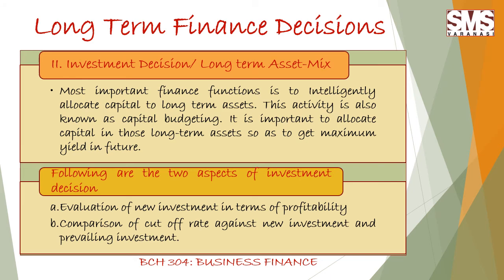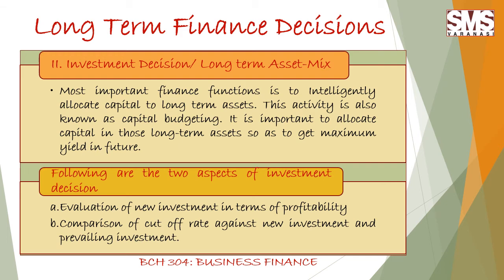Main purpose of investment decision is to allocate capital in those long-term assets so that maximum benefits can be earned in the future. And for this, the investment decision can be classified under two broad groups, that is long-term investment decision and short-term investment decision.